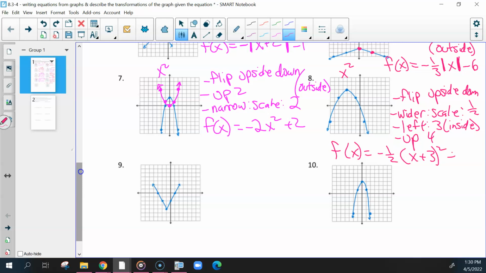Plus 4 on the outside. So sometimes you'll have some problems that do everything. They flip and they compress or stretch and they move right or left and they move up or down. Stuff like that, I would definitely put in your calculator. Just double check it because you could have easily messed up something.